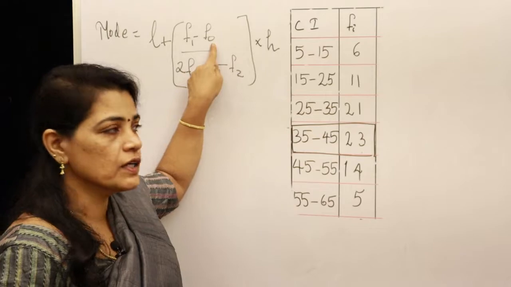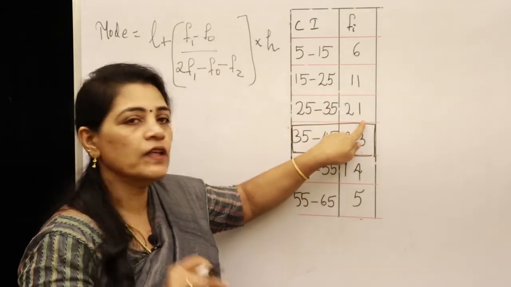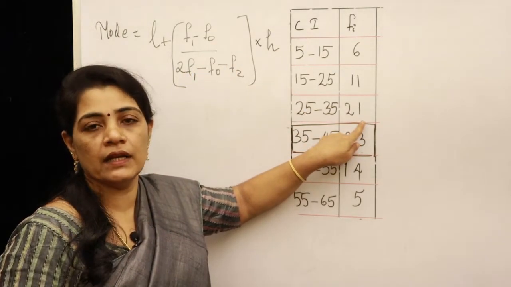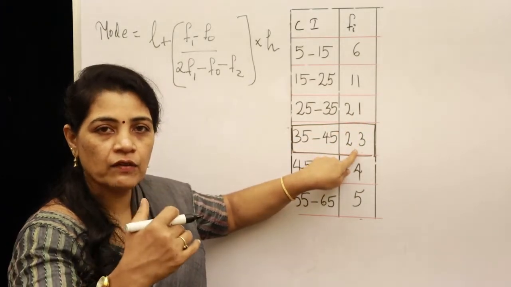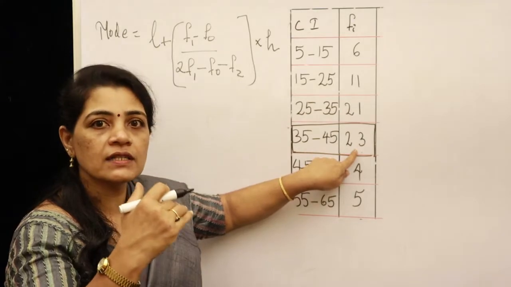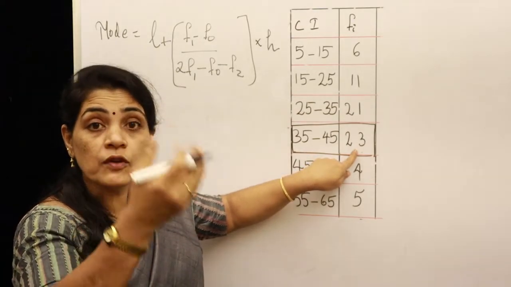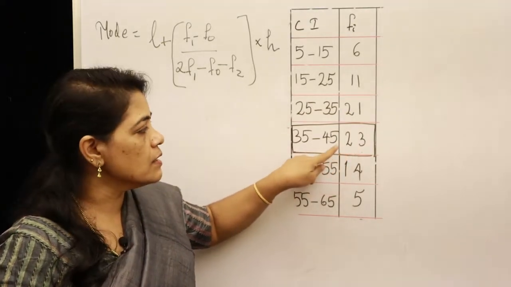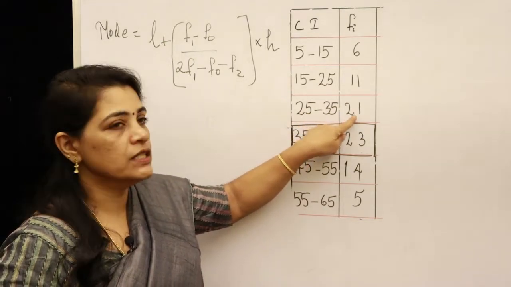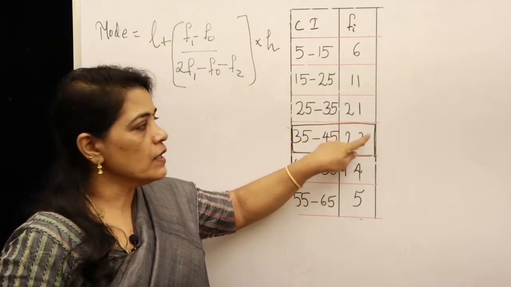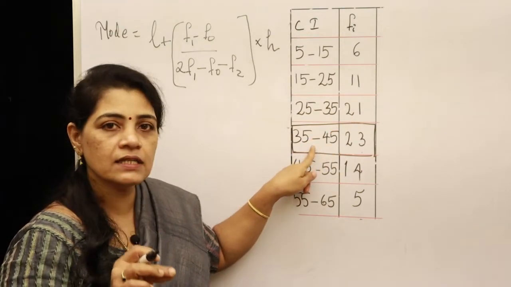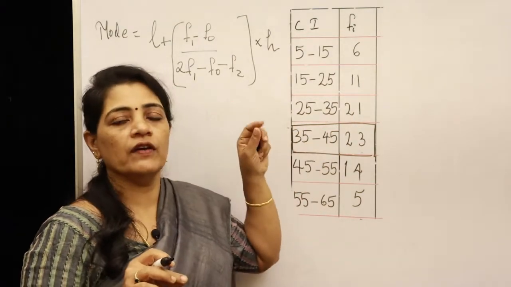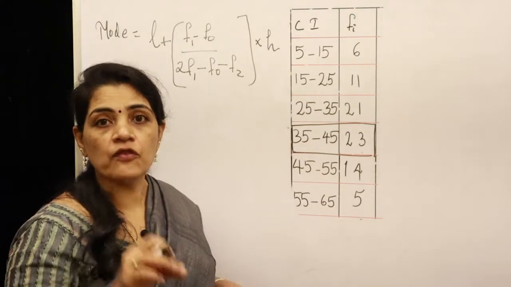And what is F0? That is the frequency of the class preceding the modal class. Here that is 21. Okay, the frequency of the class interval which comes before the modal class. This is the modal class. So 21 is its frequency. Okay, that is the preceding class. The class which precedes this modal class is 25 to 35 and its frequency is F0.